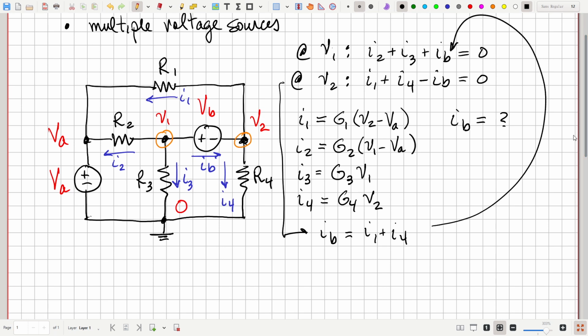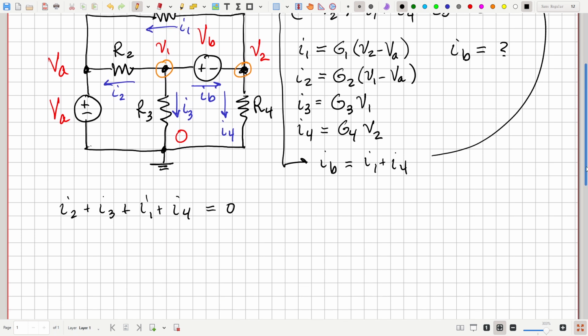Okay, so what would we get then? We would get I2 plus I3 plus IB, which is I1 plus I4, that's equal to 0. So there's an equation where we know now formulas for all the currents in terms of the node voltages and the source voltages.